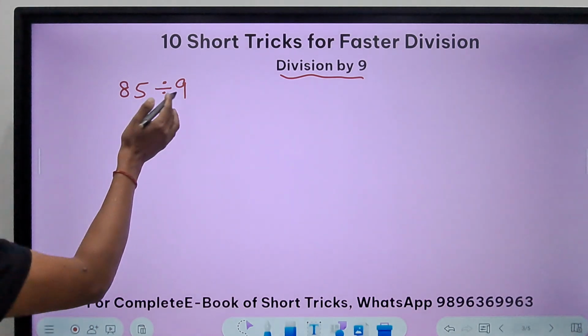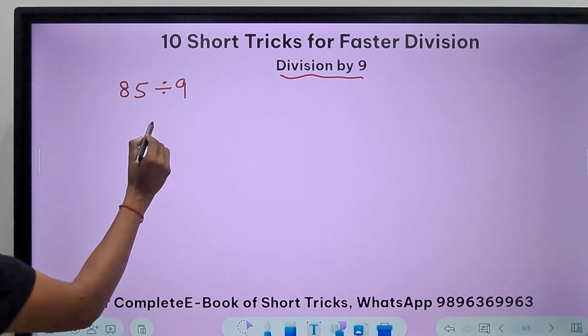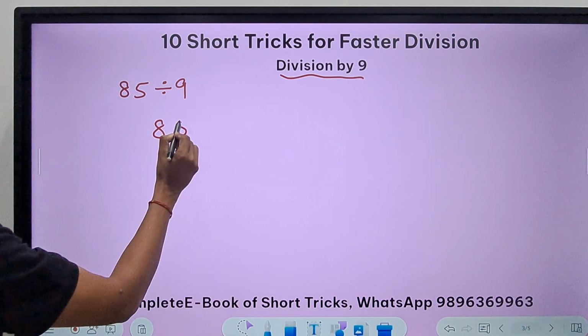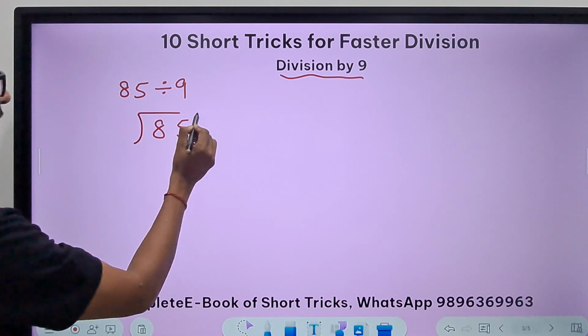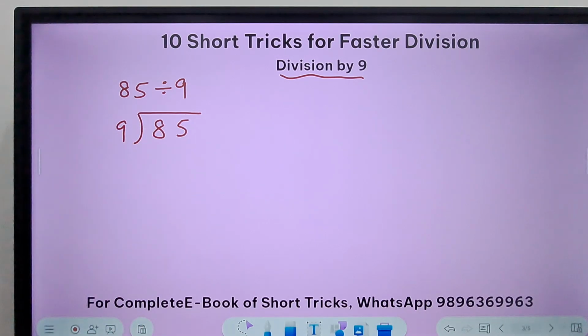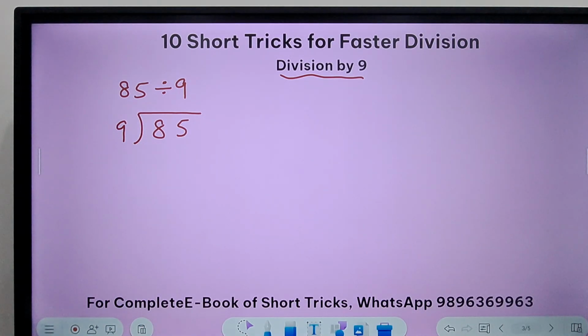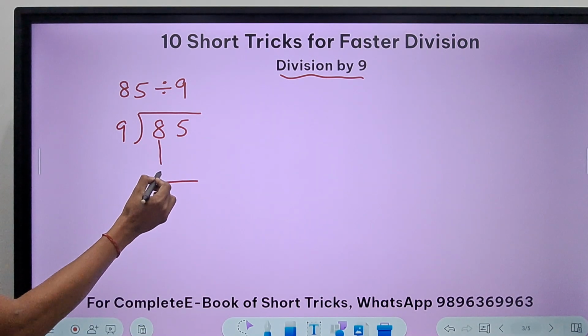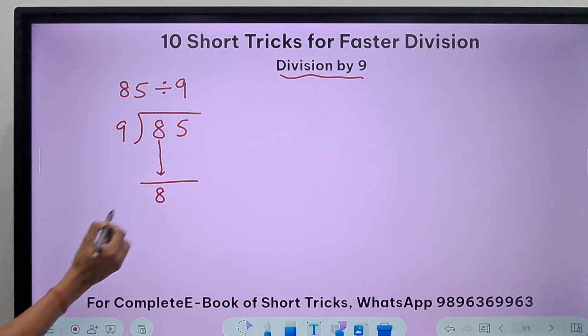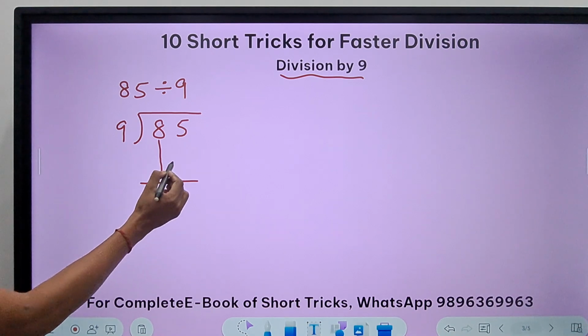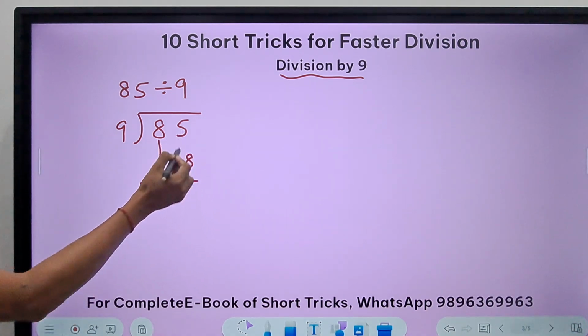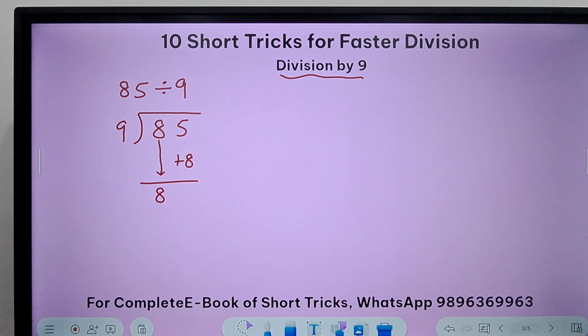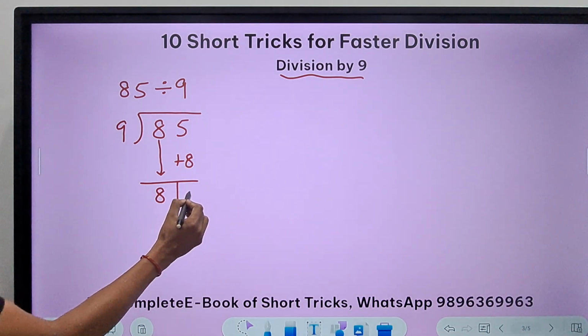So when you have to divide a number by 9, just like you do in a division problem, I do the same thing. So this is the divisor 9. Now put a horizontal line, bring down the first digit 8 and add this digit to the next digit here. So this becomes 13.